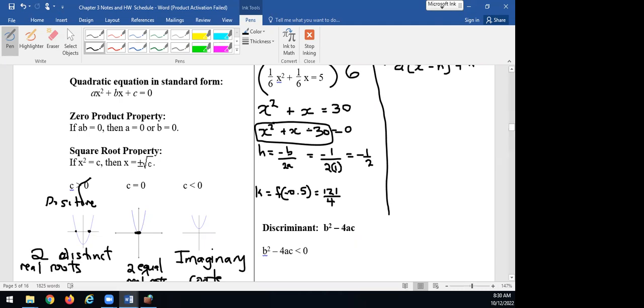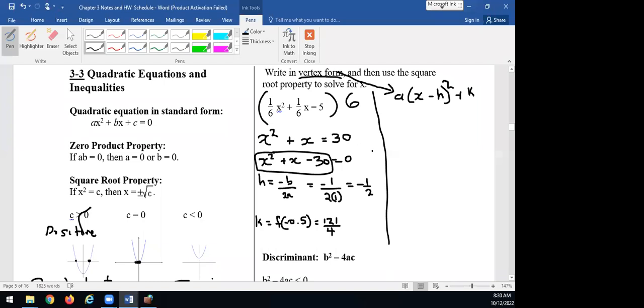All right, so now we can write this in vertex form now that we know the h and the k, right? So that's just going to be x. The fact that h is a negative, what happens here? Minus minus gives us a what? Positive, so that's going to be x plus 1/2. What's our k? I think this should be a negative value. I'm pretty sure it was a negative.